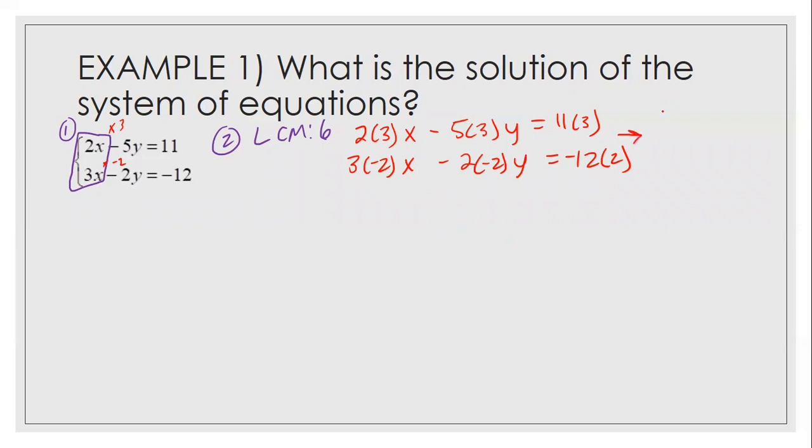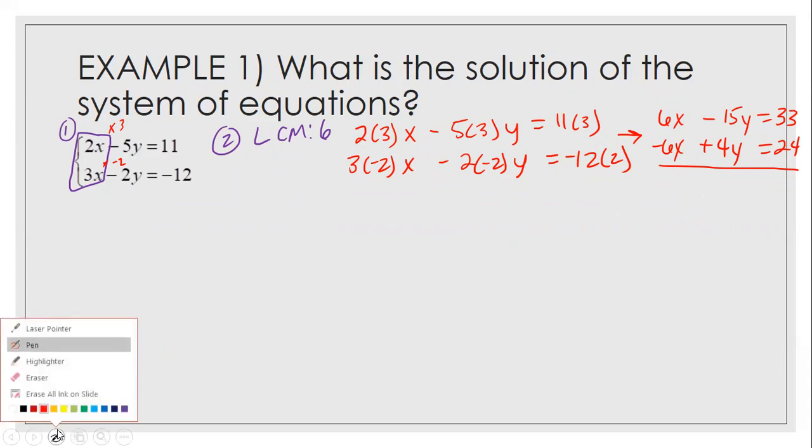So my new system that I'm working with is going to be 6x minus 15y equals 33. Negative 6x plus 4y equals 24. We're about to do step 3.